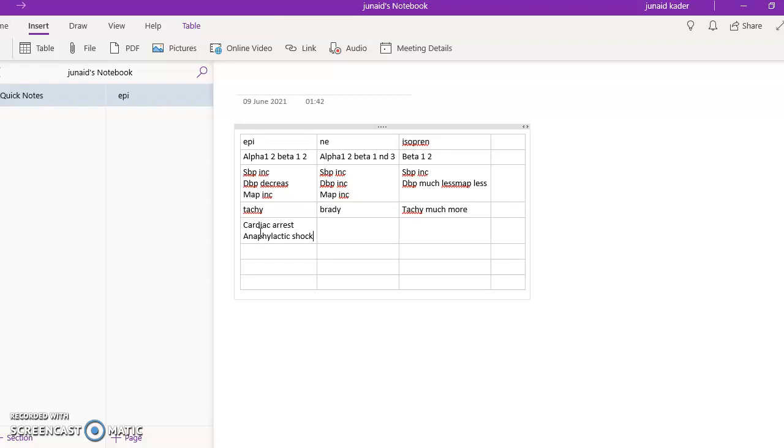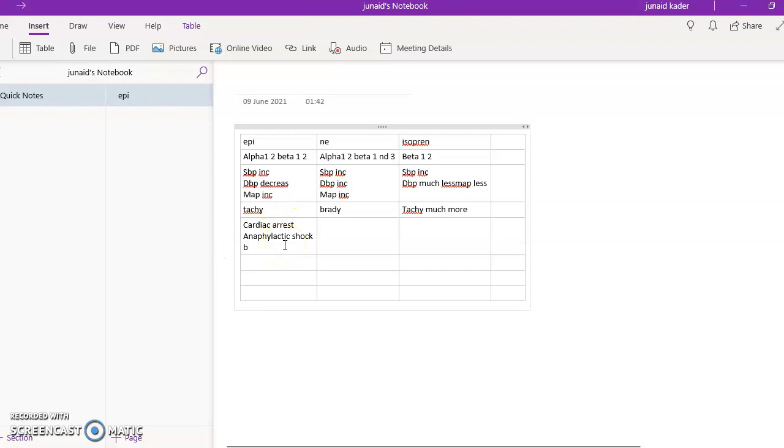Histamine is causing the vasodilation in anaphylactic shock. So here it has action on beta 2. Because of this beta 2 action, there will be bronchodilation. So it is a drug of choice for cardiac arrest, anaphylactic shock, and brittle asthma.